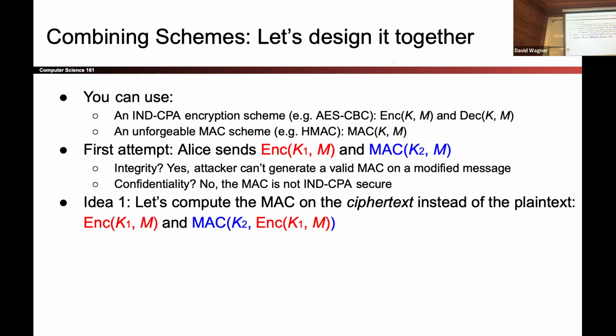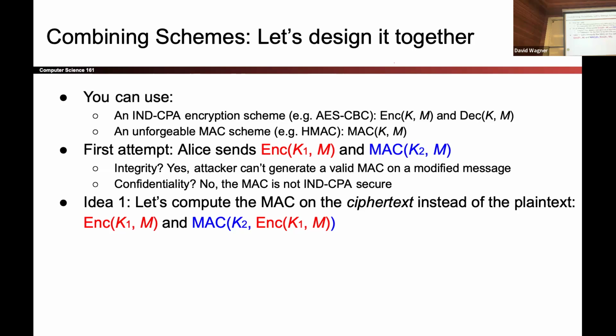It's kind of the same as the first one because the MAC itself is secure. So if the message gets modified, then the attacker won't know how to modify the tag. It's a little tricky though, because the MAC is being computed on the ciphertext, not on the message. And I really want to know that the final message that Bob ends up with was approved by Alice.